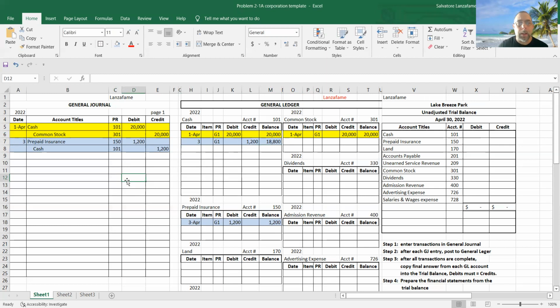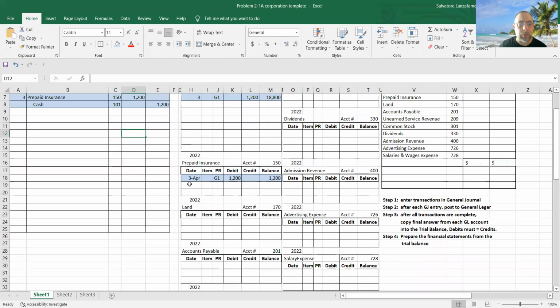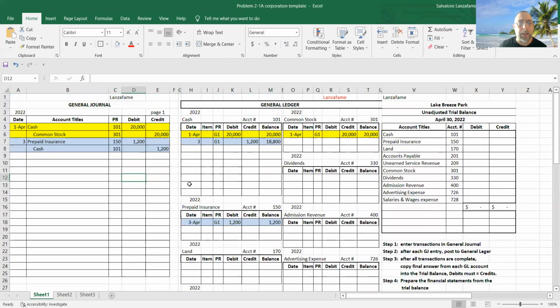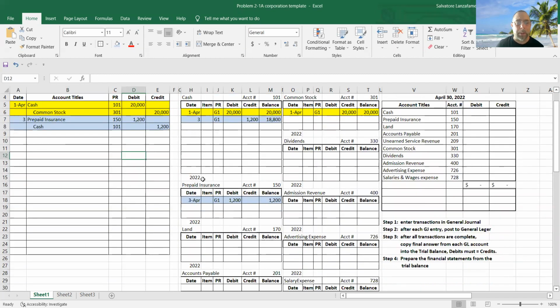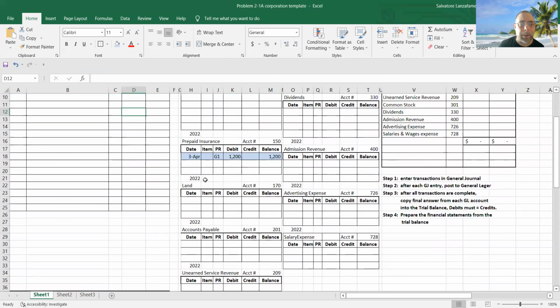All righty. Let's say the next transaction is, how about we buy some land on account? Now, that's really weird because you would normally take out a loan for that, but I don't have a notes payable account.